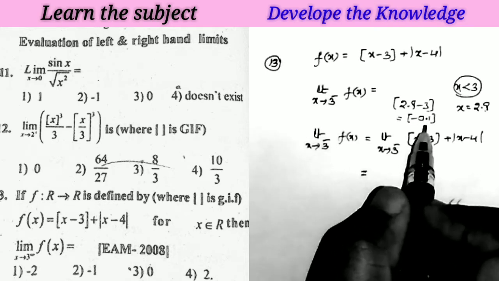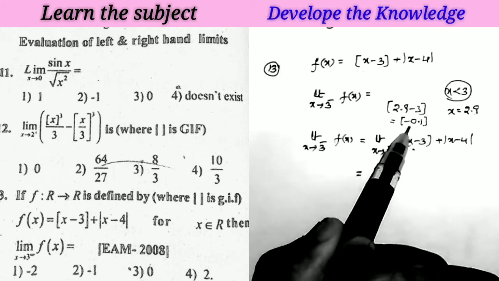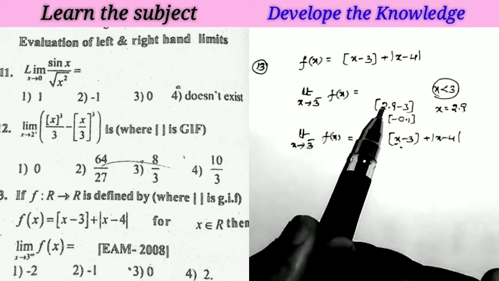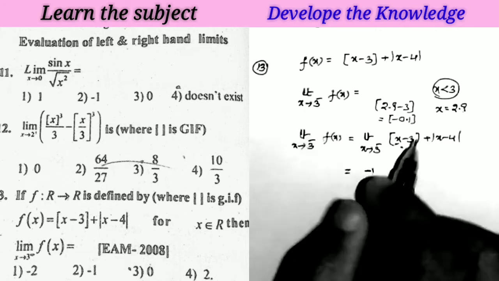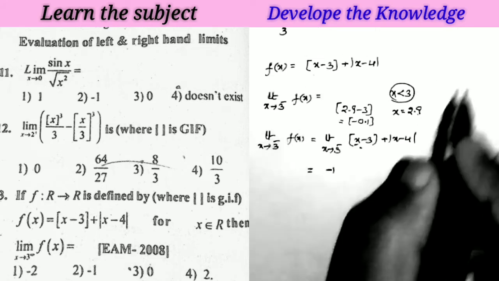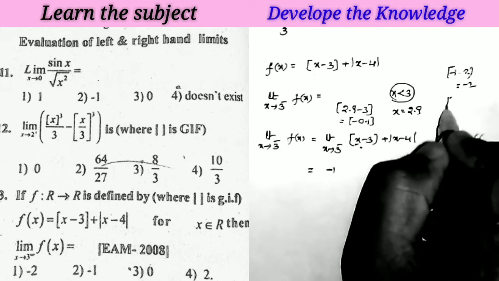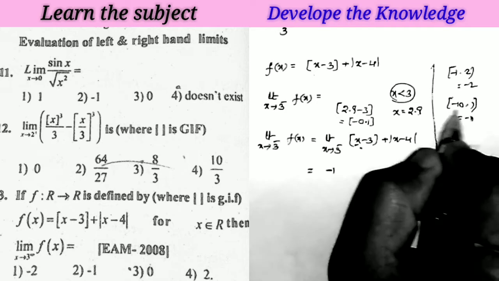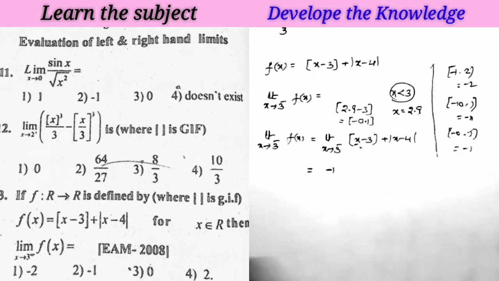I already told how to find the integral value for negative values: just add minus 1 to this number. Here the integral part is 0, and since we have the minus sign, adding minus 1 gives 0 minus 1, which is equal to minus 1. How to take the values? Minus 1.2, the answer is minus 2. Minus 10.1, the answer is minus 11. Like that, just add minus 1 to this number. Here we have minus 0.1, so the answer is equal to minus 1.